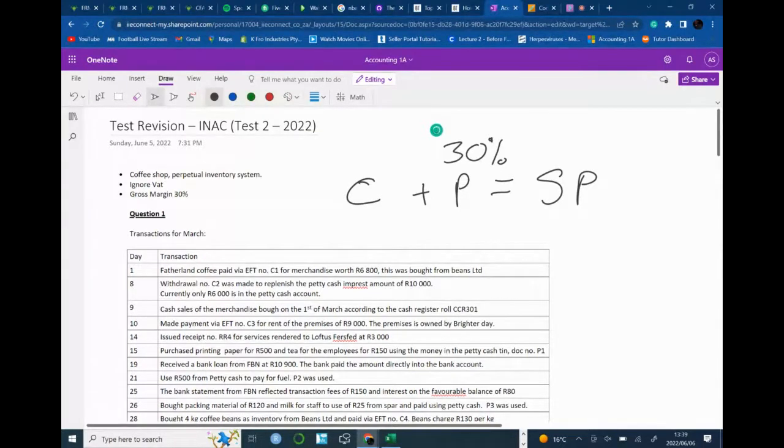You're right, but remember, I want you guys to not be guessing. I want you to know. There's a fundamental underlying principle. Because remember, selling price could also be more than 100%. It's not gross margin on the 100%.